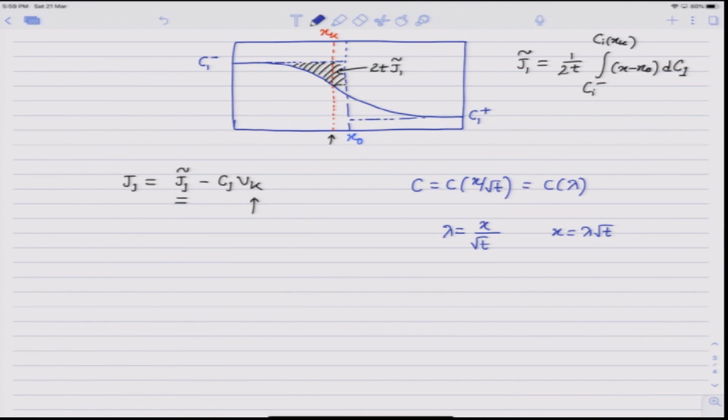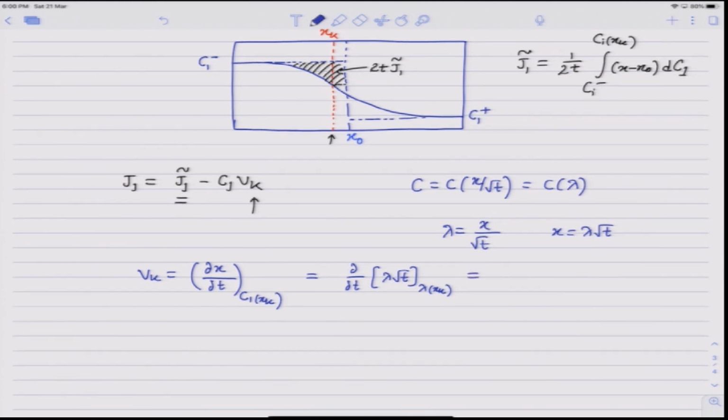To find Vk, it is nothing but the change in distance coordinate with respect to time of the composition plane corresponding to lambda, that is C1 at xk. We can write dou by dou t of lambda root t at the given lambda corresponding to xk, and so the lambda is constant.